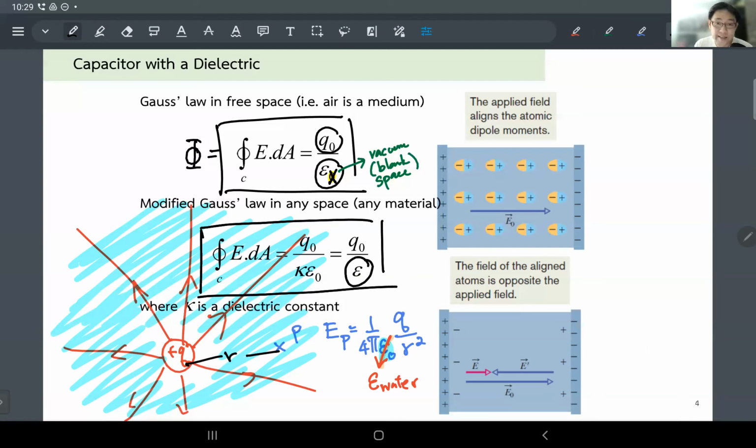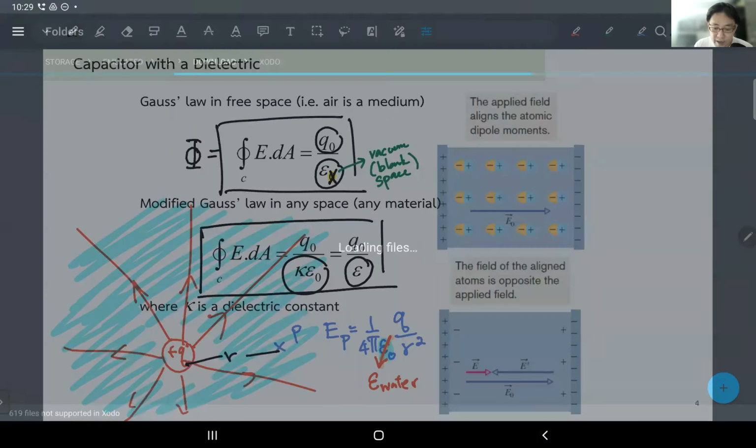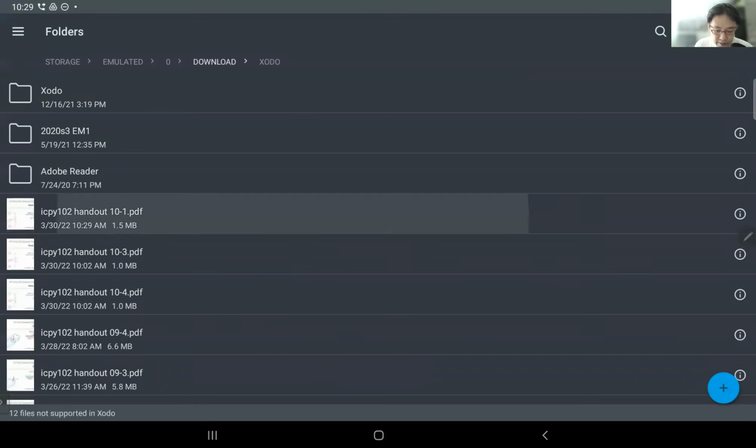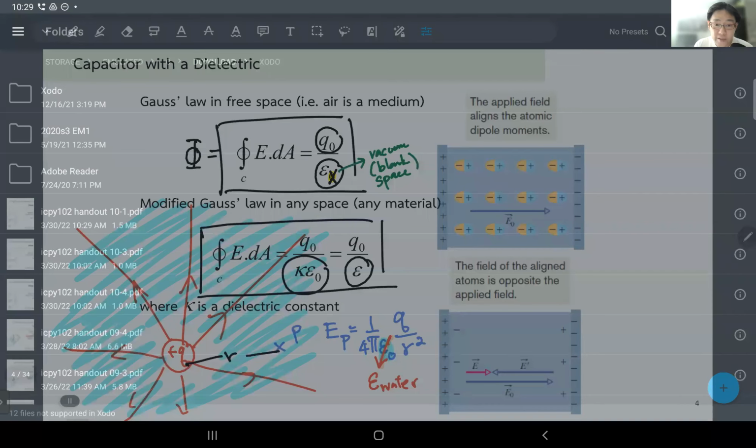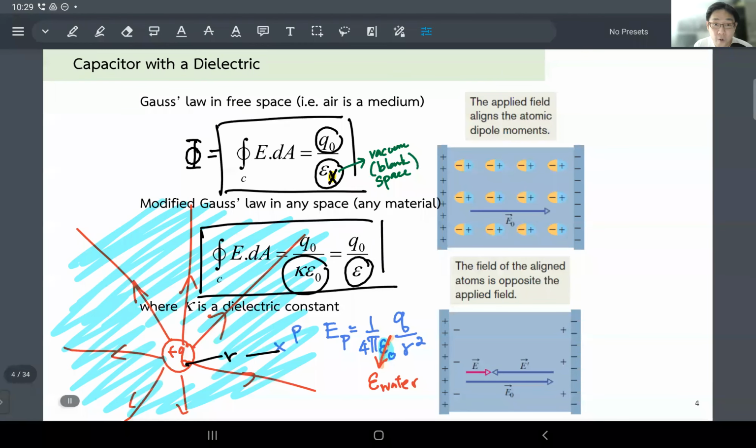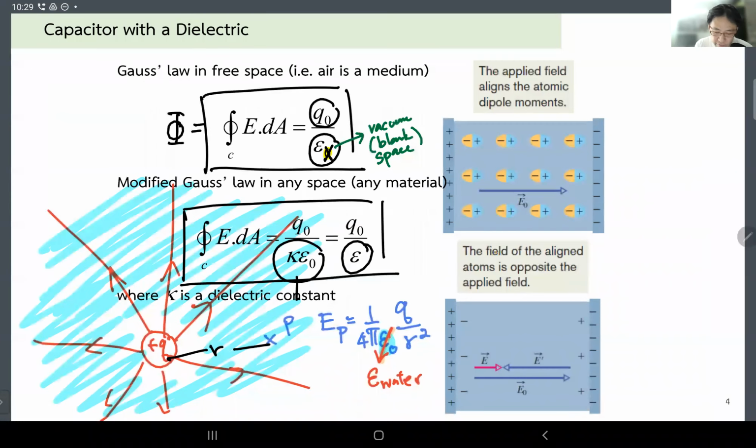However, things get even easier. I can define the value of epsilon by comparing it relative to epsilon naught. So what I'm going to do is define some constant for that material, and that will tell you the value of the epsilon of that material by having that factor in front of it.